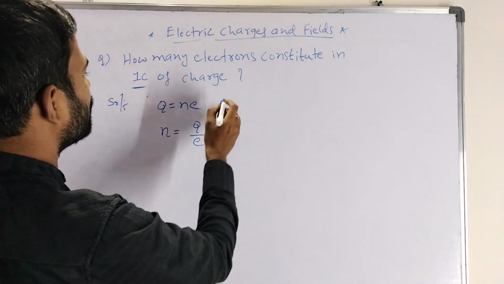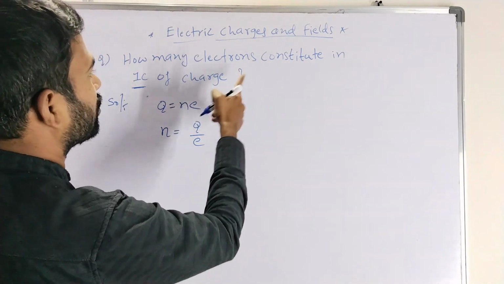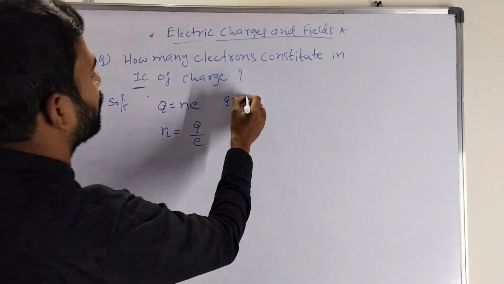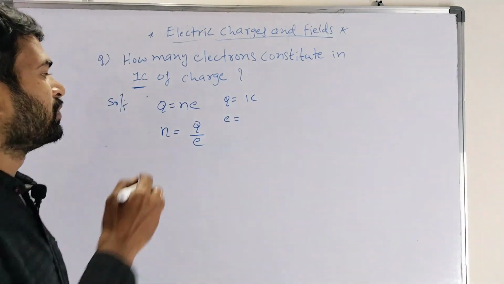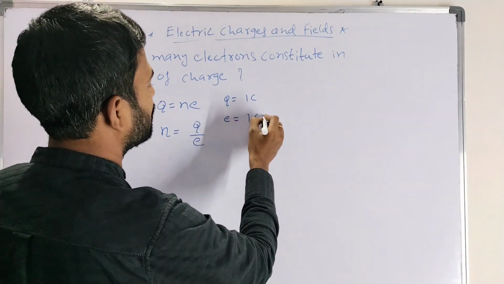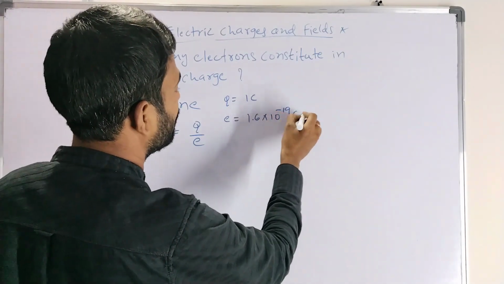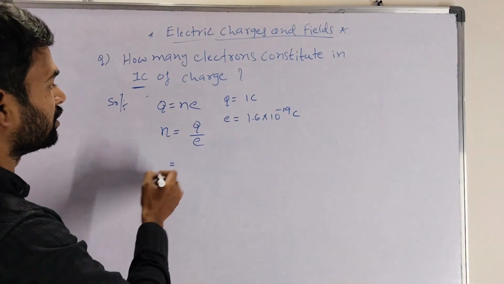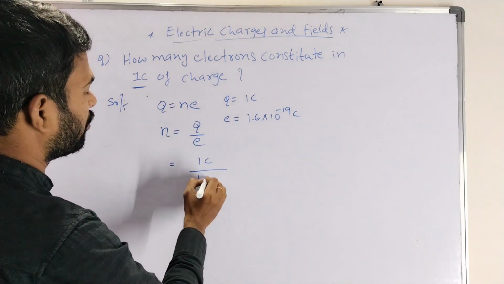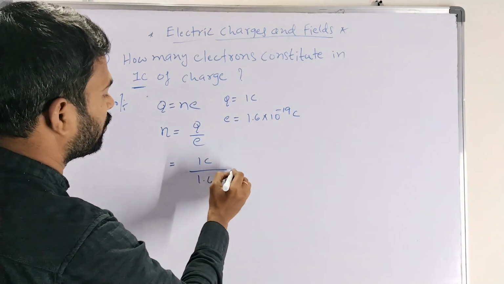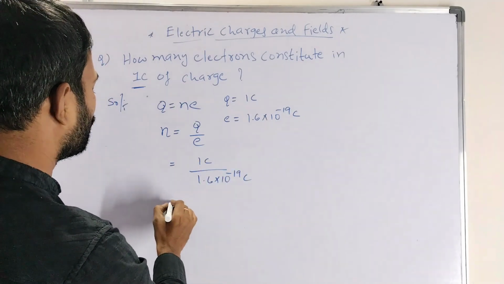In the question, Q is given as 1 coulomb, and the charge of an electron is a constant value, 1.6 into 10 power minus 19 coulombs. So we substitute: Q is 1 coulomb, e is 1.6 into 10 power minus 19 coulombs.